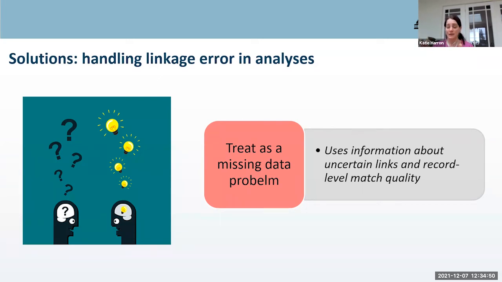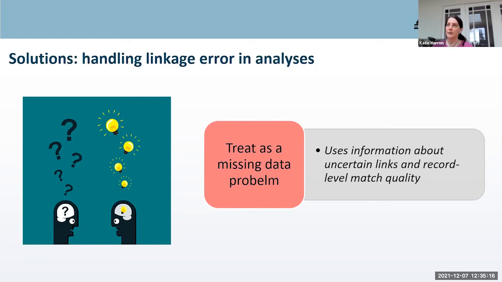So we don't have one definitive linked data set, but we might have multiple data sets that have been imputed in different ways and that more realistically reflect the uncertainty associated with linkage. So this approach would require that some information about the certainty associated with each linked record is provided to researchers.